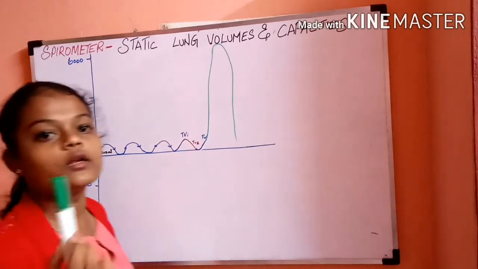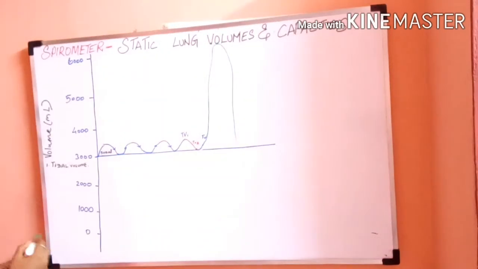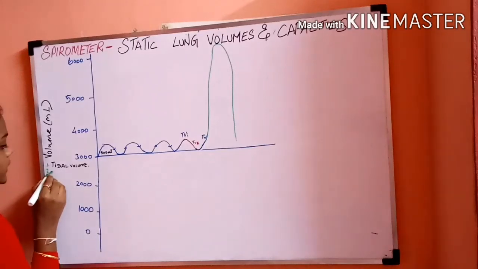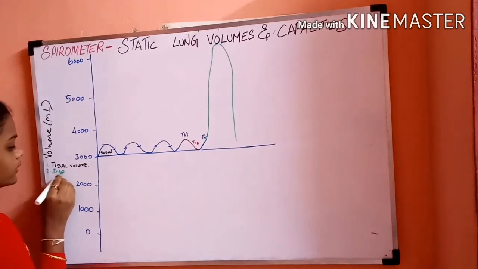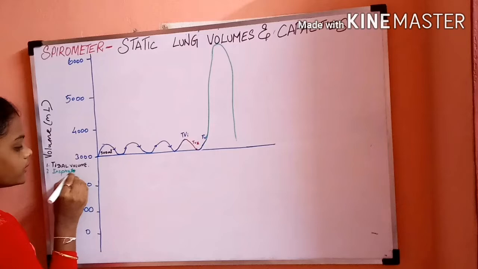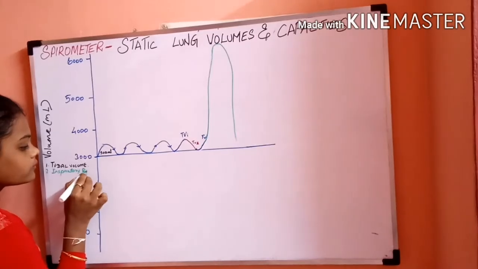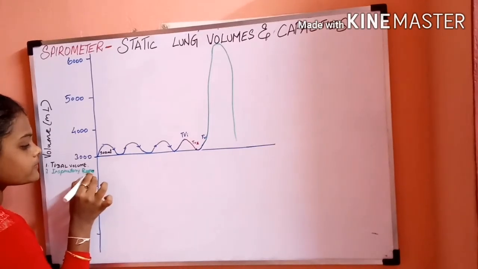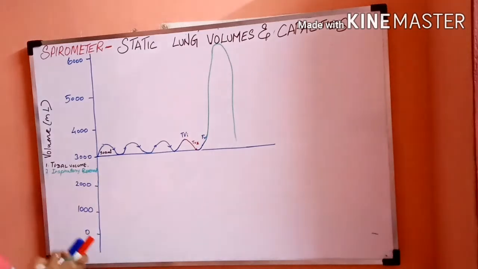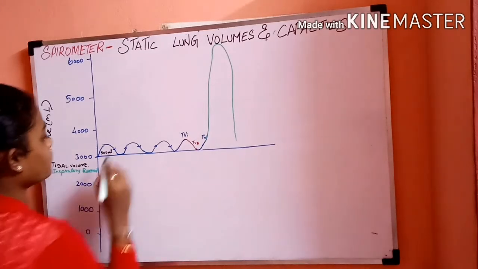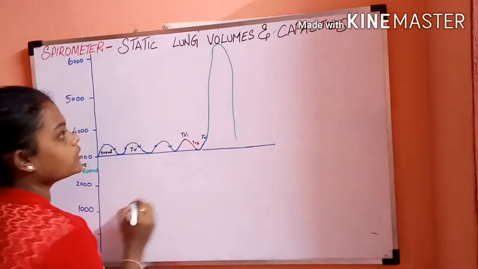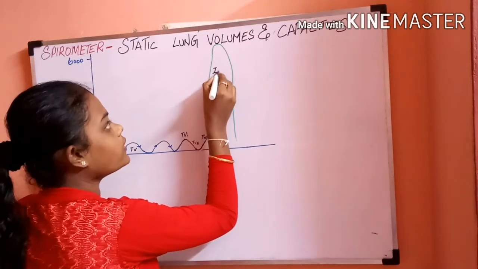Inspiratory reserved volume. So the second thing will be inspiratory reserved volume. This is the tidal volume. This is the inspiratory reserved volume.